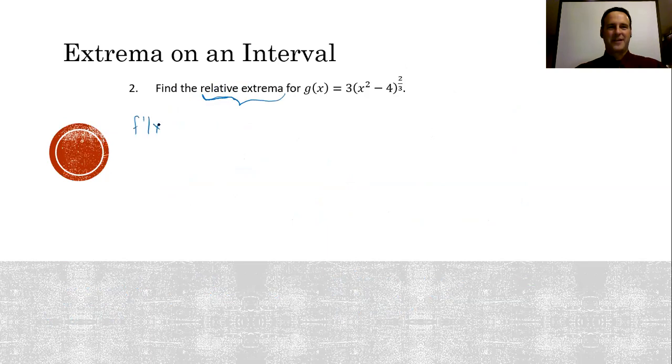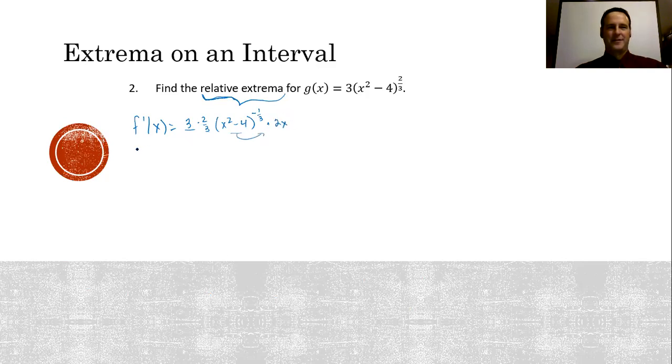This is f prime of x is equal to, and we'll do a power rule. So 3 times 2/3 times x squared minus 4 to the negative 1/3. And then times on the inside for your chain rule is 2x.